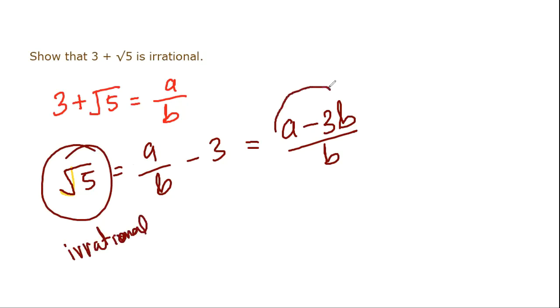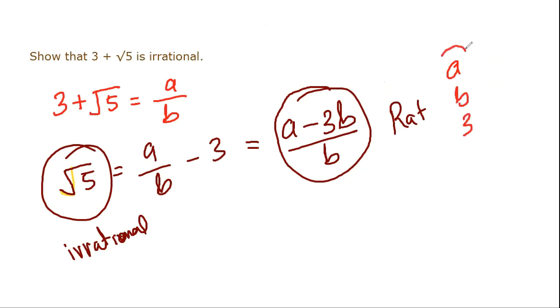The RHS is rational because here a is an integer, b is an integer, and 3 is an integer. So a minus 3b is also an integer, and b is already an integer. So this is a p by q form. This is possible only if root 5 is rational, but root 5 is irrational.